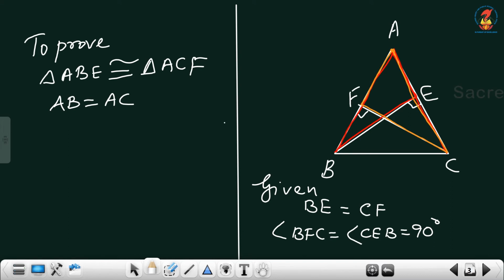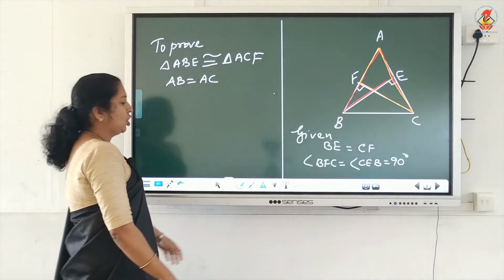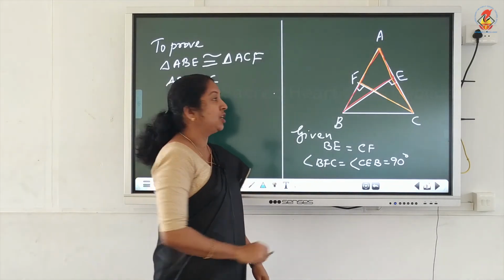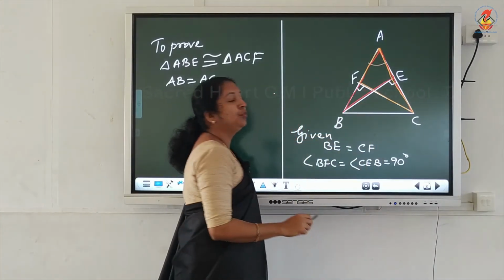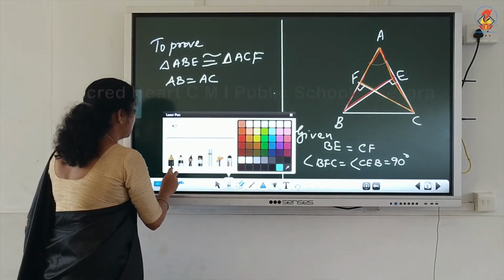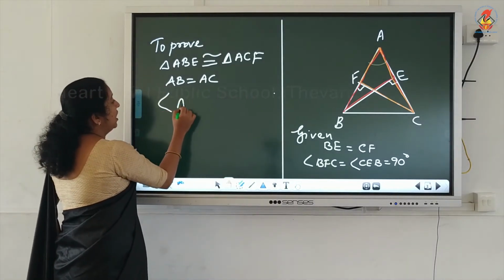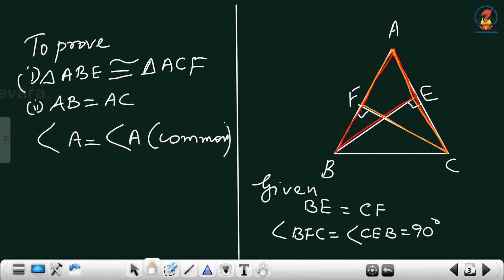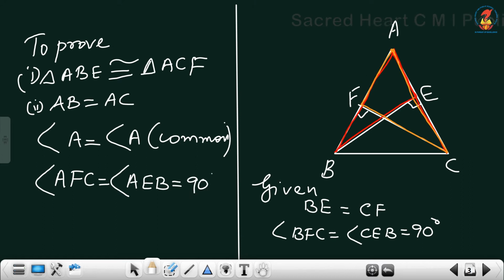So, what are the given things? Any common angle or side here? Angle A is common for both these triangles. So, what we can write is angle A is equal to angle A, common. Any other angle equal? Yes. Angle AFC is equal to angle AEB is equal to 90 degrees.